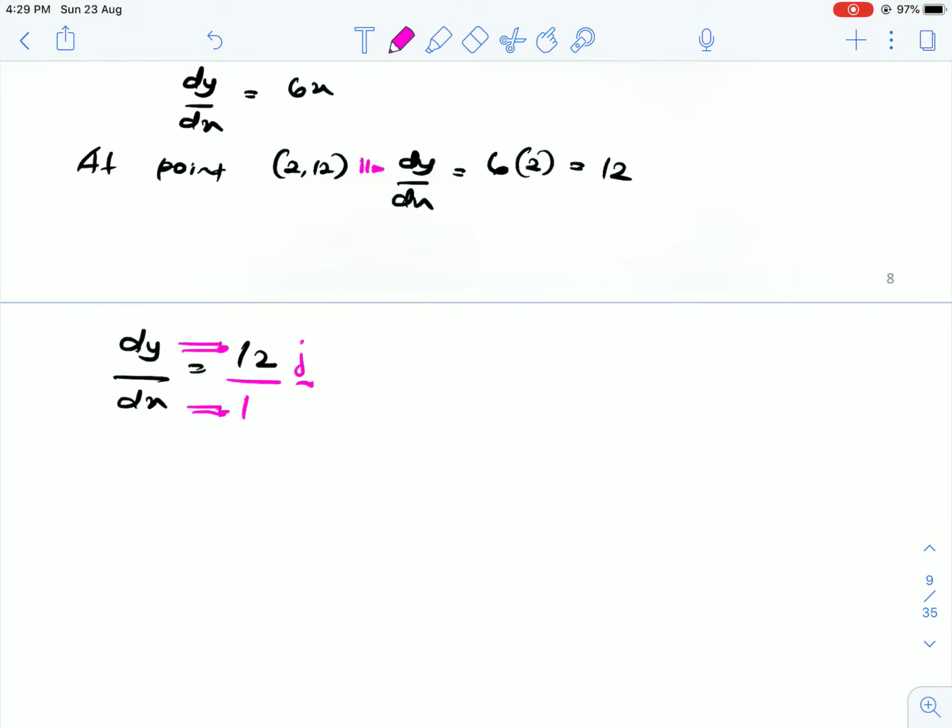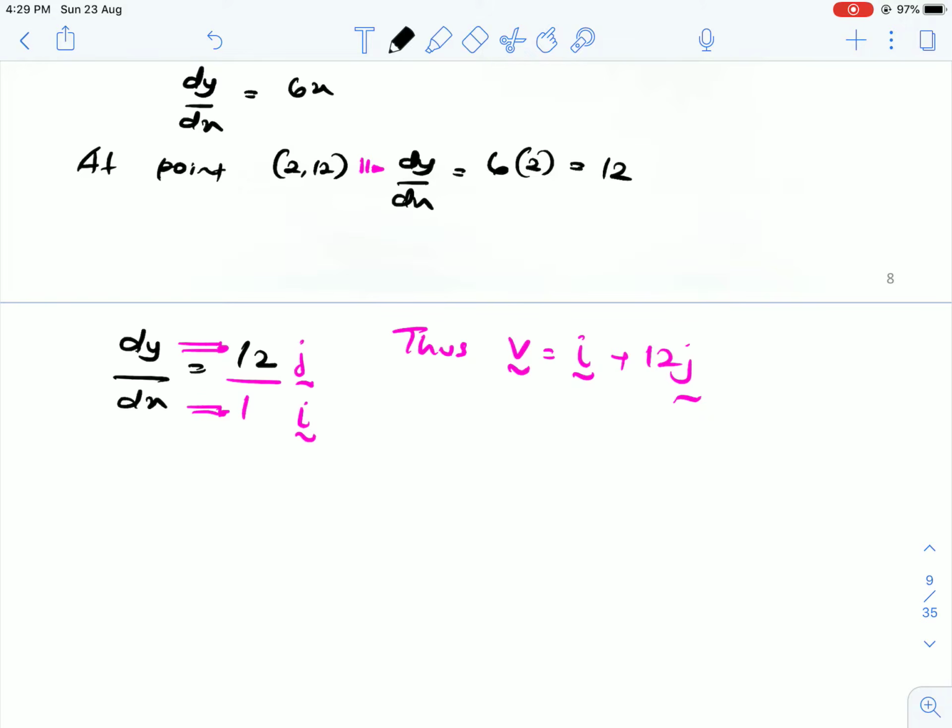So this is the i direction. Thus the parallel vector v is, because dx is for the i direction, so we have 1i plus 12j.